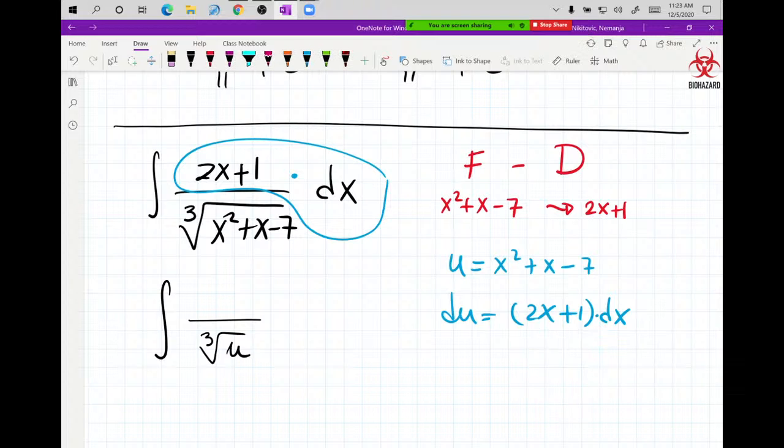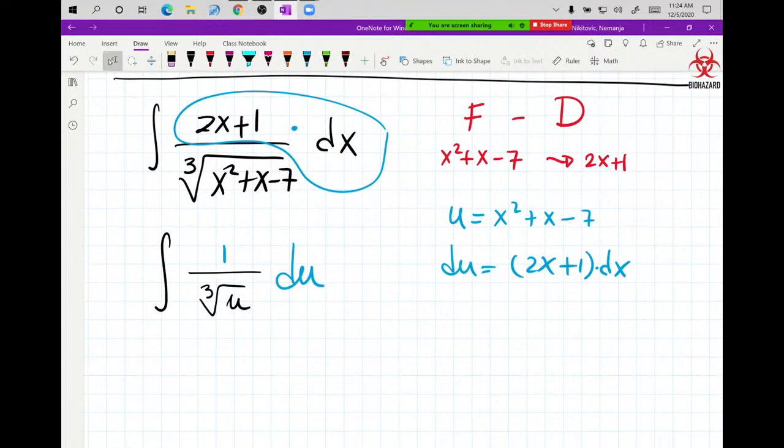So that's going to be your du. So what's left on top? Just 1. And we converted this to a basic integral in one shot. In one shot, we cleared out all of the mess.